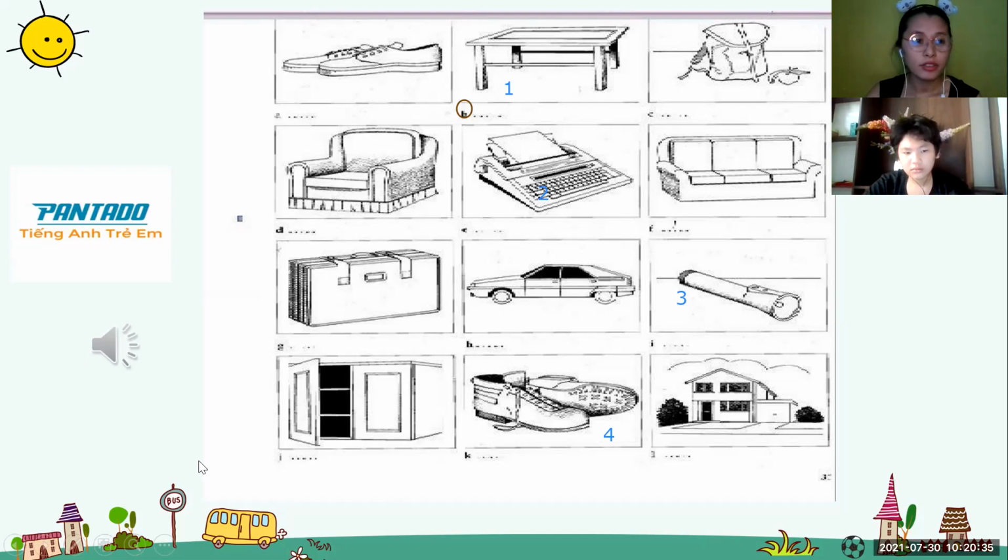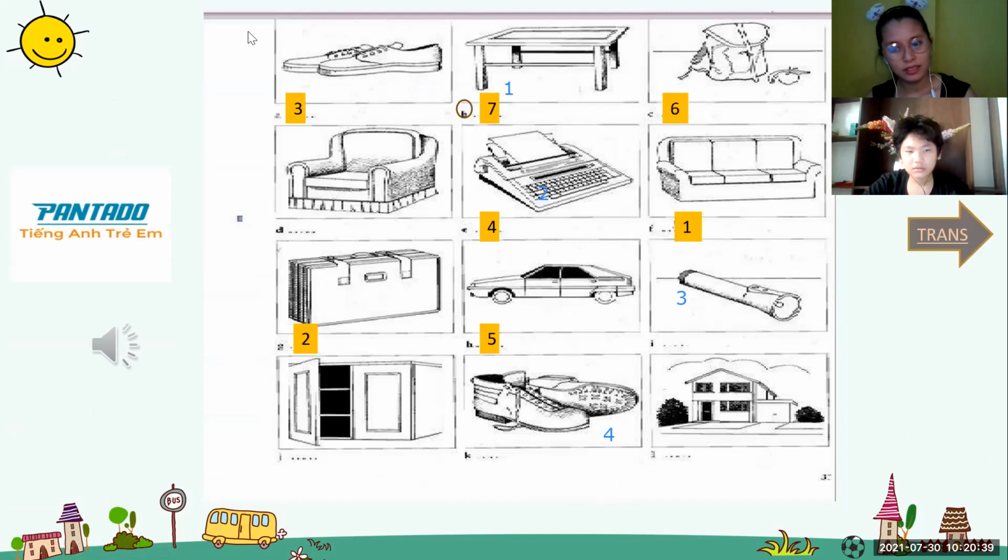All right, so let's try to check. Okay, that is the first one. Number 1 is where you can sit. Number 2, you can carry that one from the office. That is a suitcase.